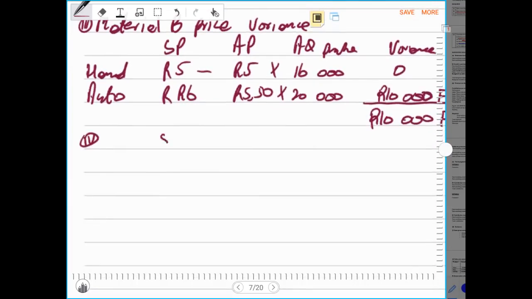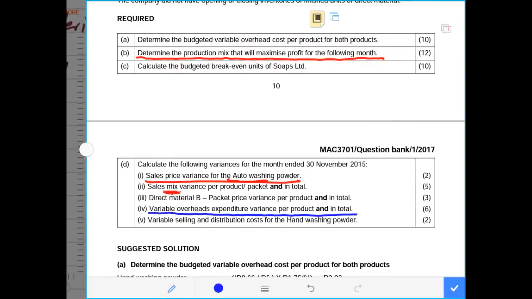It will again be standard price versus actual price times the actual quantities, or the actual hours in this case, because this variance is based on hours.